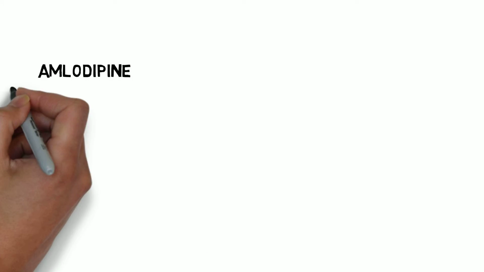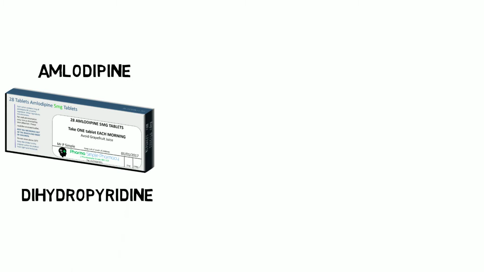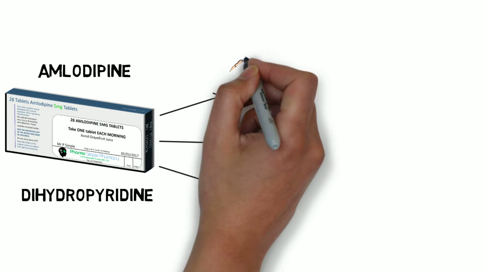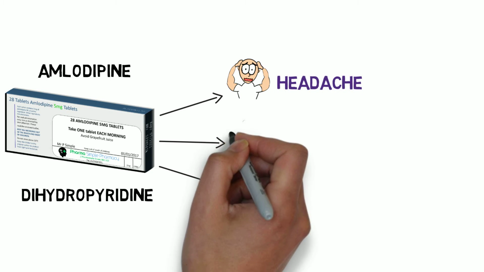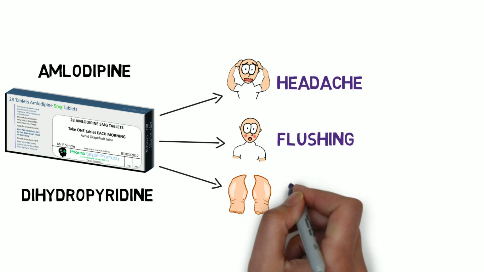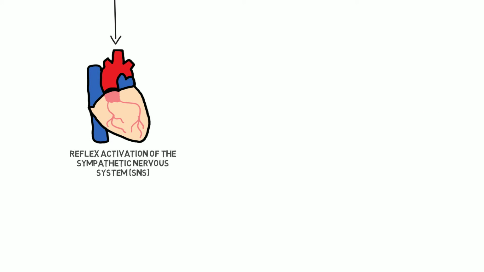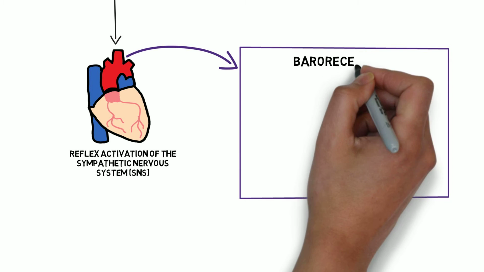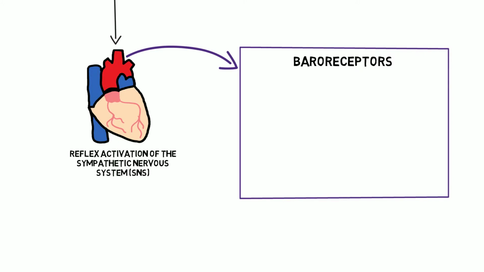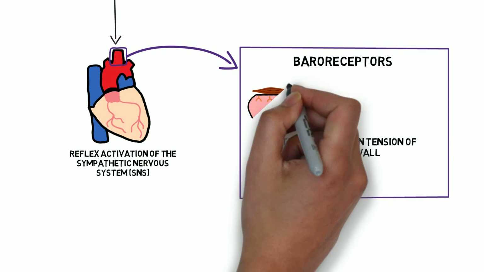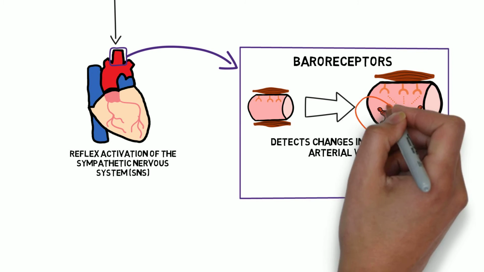Based on the last video, we know that amlodipine is a commonly prescribed dihydropyridine. Now, it is well established that dihydropyridines commonly cause headaches, flushing and edema due to their rapid peripheral or vasodilatory effect. This may also cause reflex activation of the sympathetic nervous system via baroreceptors, commonly in the carotid sinus and aortic arch of the heart, which detect changes in tension of the arterial wall.